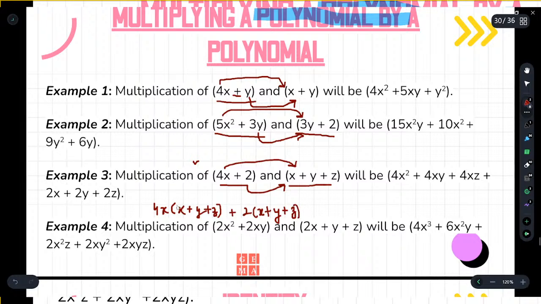Yes, now we have to multiply them individually. Once with this, then with this, and then with this, and then 2 with z. And then when we add the like terms, if there are any, we will get this answer.